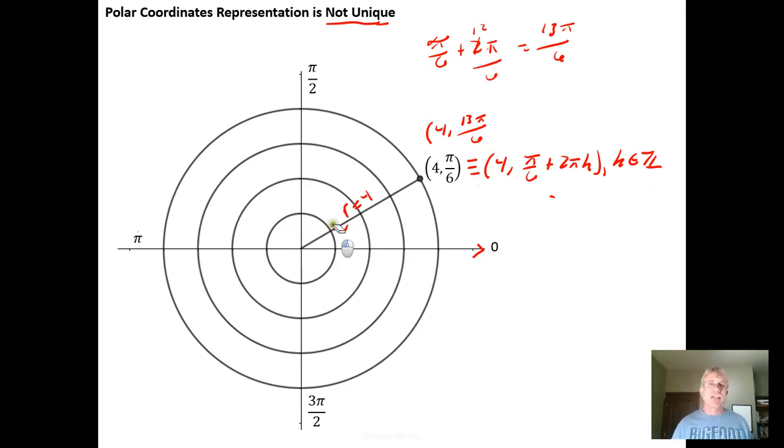The other thing that's a little less intuitive is if I reflect this point through the origin over to here, we could also represent this point thinking about the point here on the other side. So let's say I have the angle that sweeps me through to here, sweeping through from the radial axis to here.